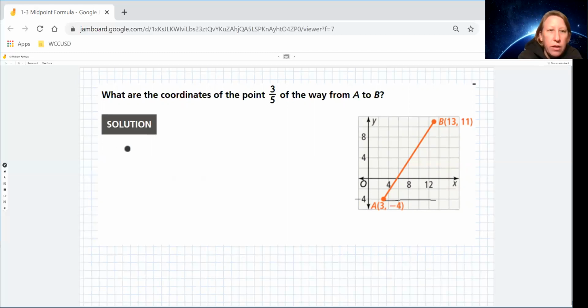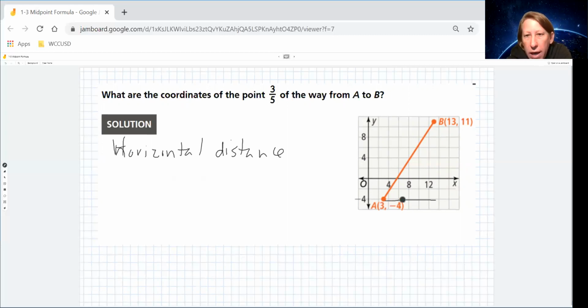I'm going to look at what we call the horizontal distance, and I'm going to figure out how long that is. Now, on a graph like this, I could just count it. To get from A to B, this is 3, right? And I'm getting up to 13. So how far is it from 3 up to 13? 1, 2, 3, 4, 5, 6, 7, 8, 9, 10.